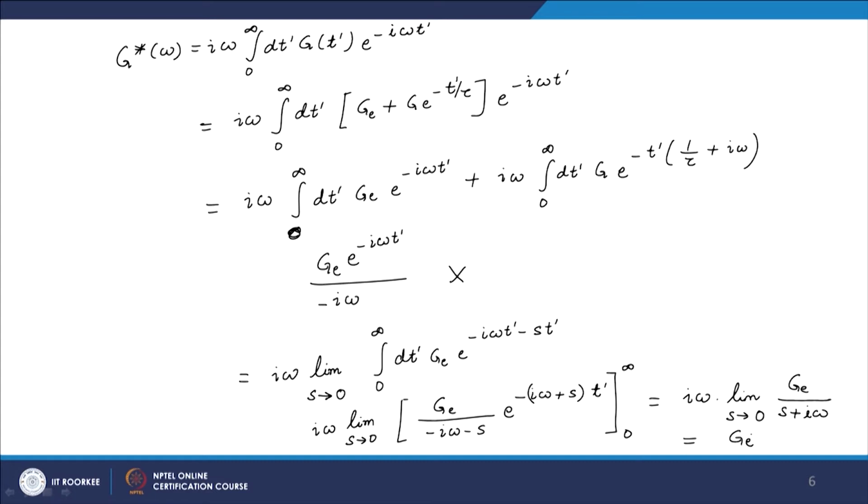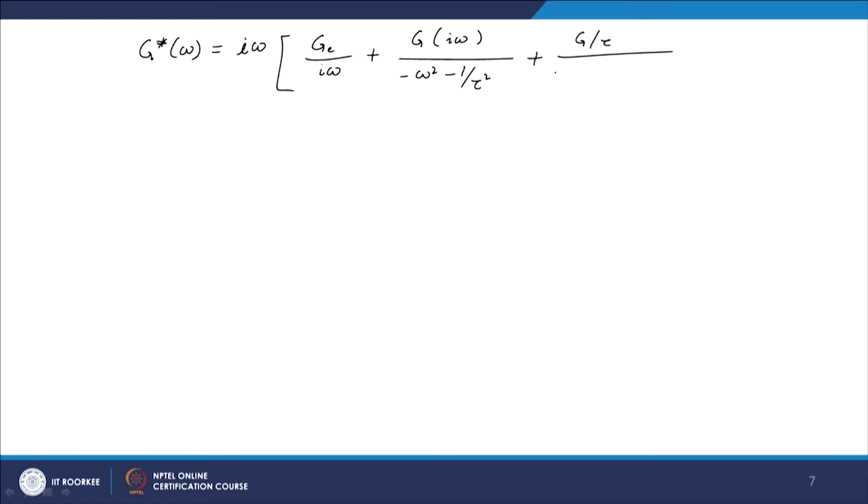Okay. We can look at the second term. In the second term we already have a real number, so there we do not have any problem. So, that will be I omega multiplied with G divided by I omega plus 1 by tau.